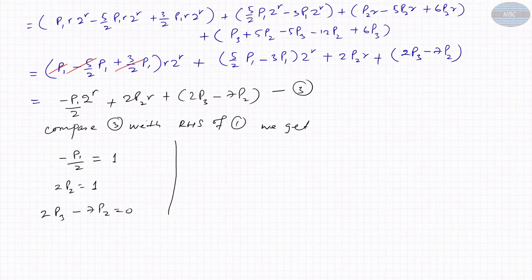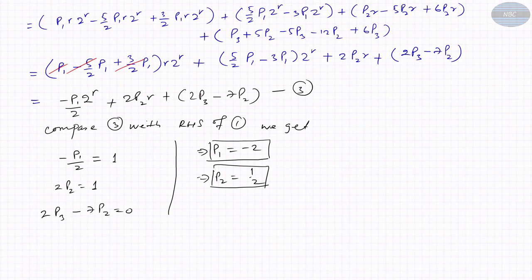Now let us solve this one. So we have p1 is equal to minus 2. And p2 is equal to 1 by 2, because 2 p2 is equal to 1. So put the value of p1, p2 in this.